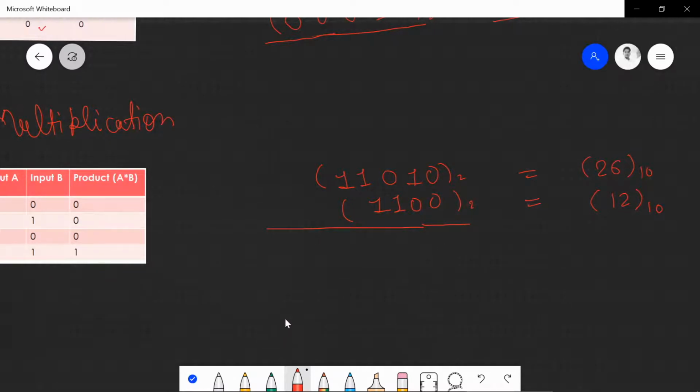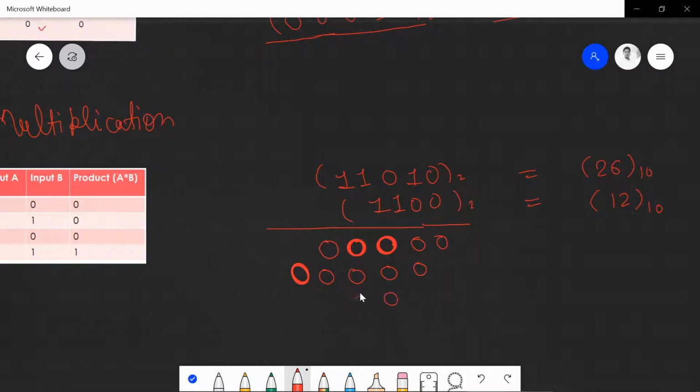We'll use the same method, shift and addition. So let's do it. It will be 0 0 0 0 0 0 multiplied by the 5 bits, then again we shift it, so it will be 0 0 0 0 0, then 1. The 1 will copy the same value, so we shift it by 2 bits.